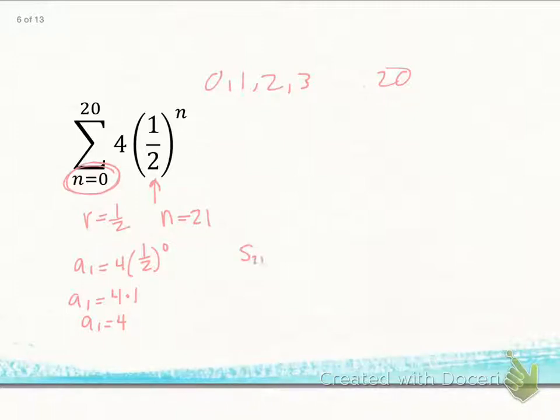So I'm doing s of 21 is equal to my first term, which is 4, 1 minus my rate, which was 1/2, to the 21, all over 1 minus my rate. So when I type that in my calculator, I should get 8. So if I plugged in 0, 1, 2, 3, 4, 5, all the way to 20 into my equation, added them all up, it would be 8.